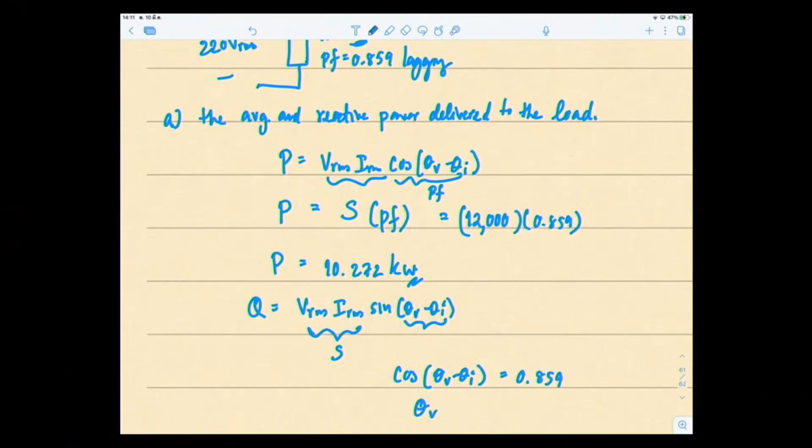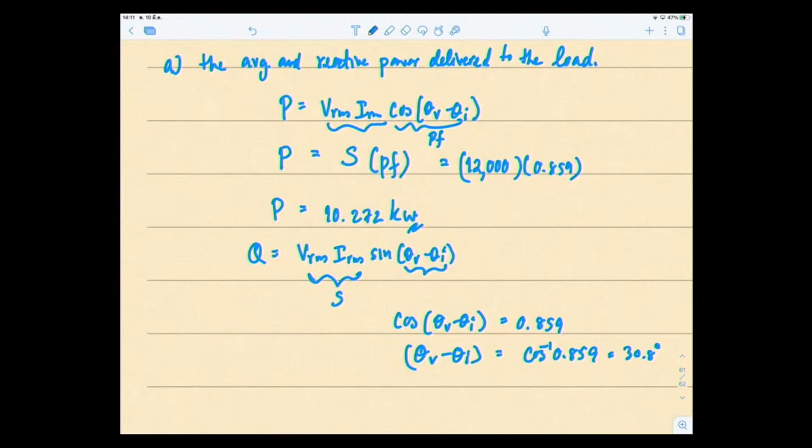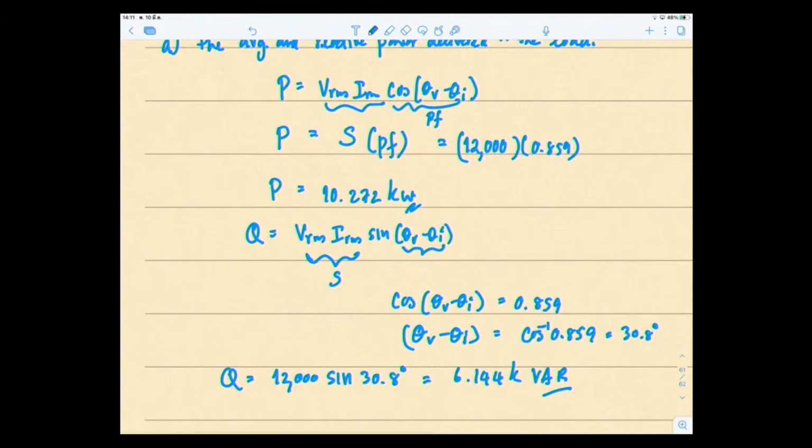Therefore, the angle is simply inverse cos of 0.859, which is equal to 30.8 degrees. So your Q is then equal to 12,000 var multiplied by sin 30.8 degrees, and the answer should be equal to 6.144 kvar. So this is your Q, your reactive power.